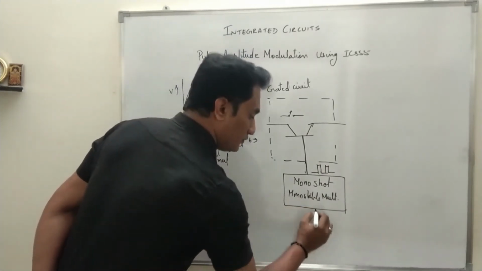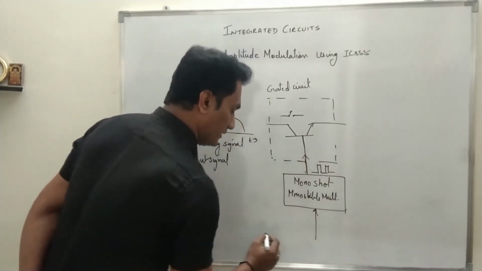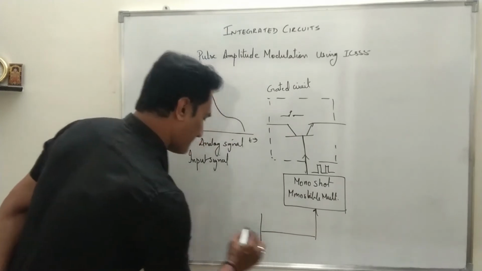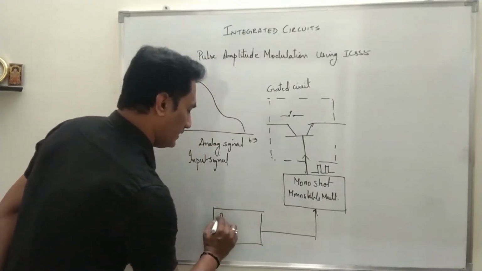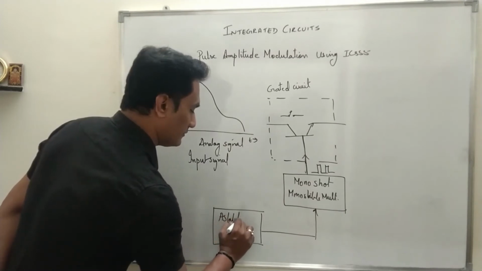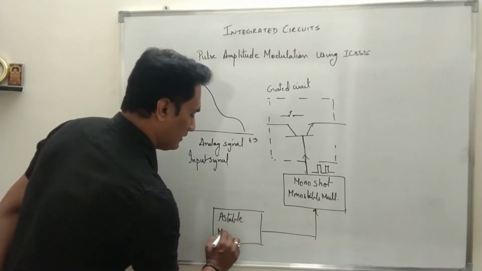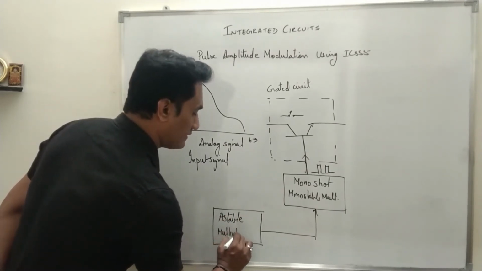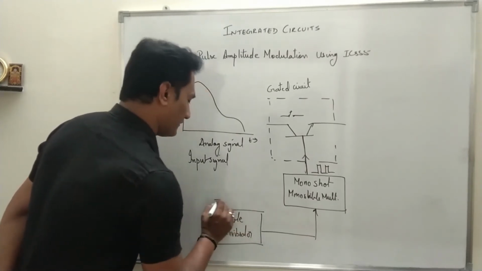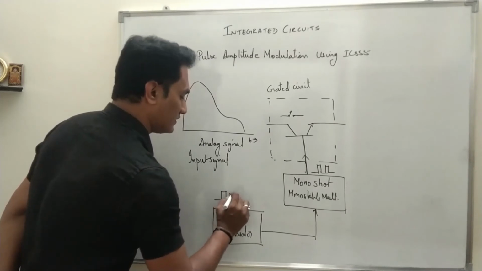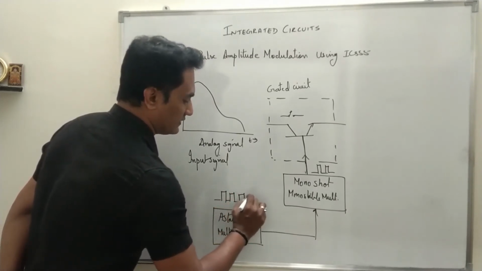And the input to the monoshot will be an astable multivibrator, where the output will be continuously 0 1 0 1 0 1 0 1.